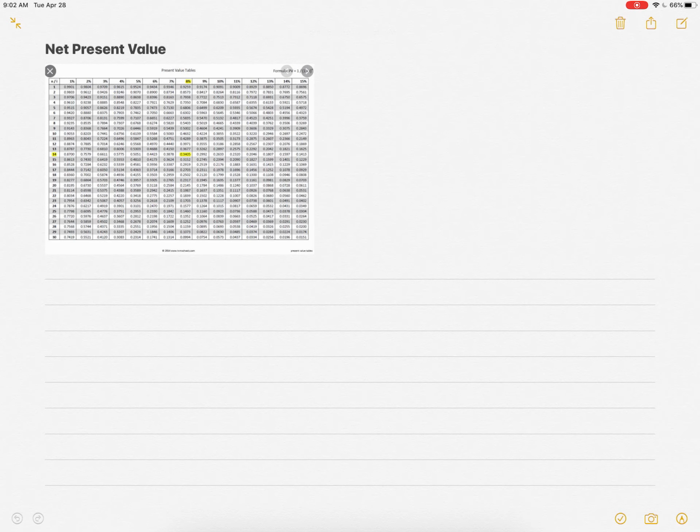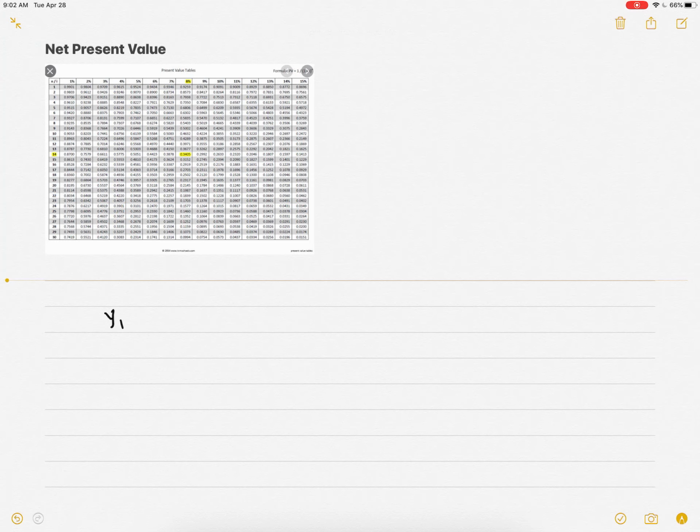For example, I'm going to take each of these years and the cash flow that's coming through each year. Again, I'm using cash flow in this one. 17,000.